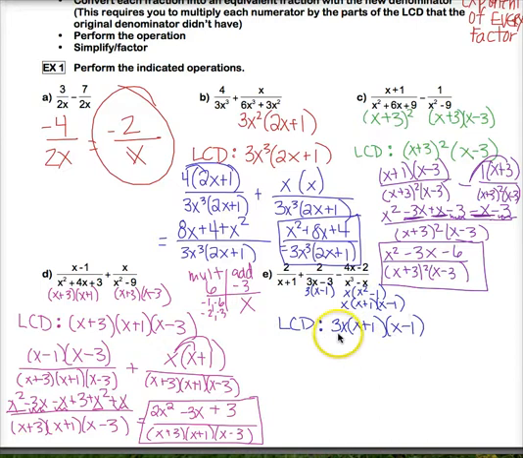So our LCD is 3x times x plus 1 times x minus 1. So here I've got 3 fractions to convert. So first one's a plus. And second one's a minus.